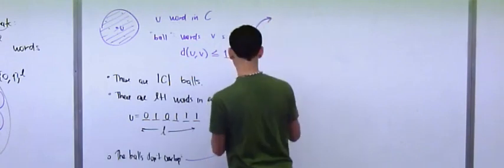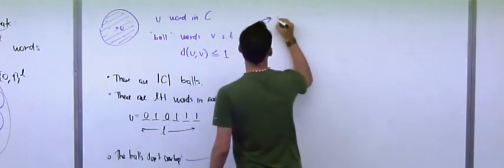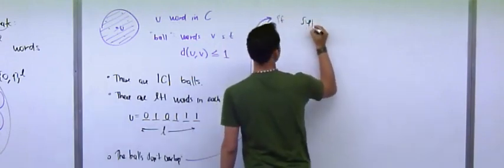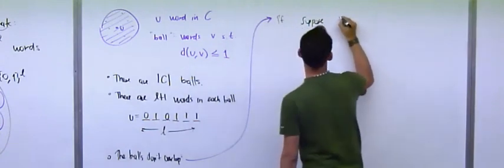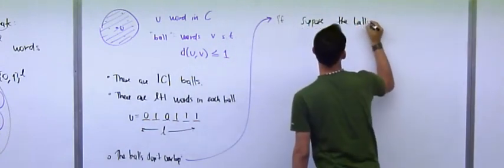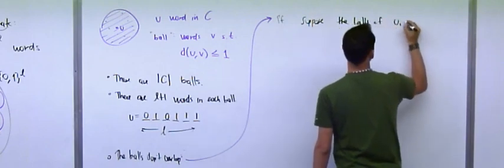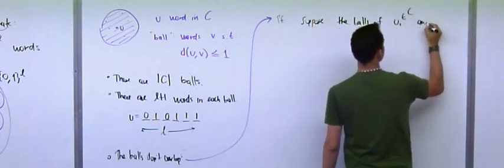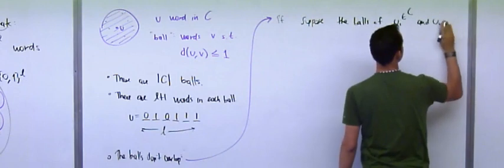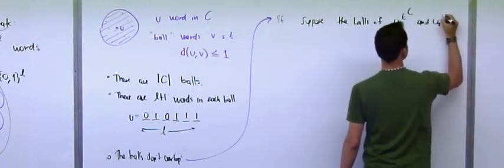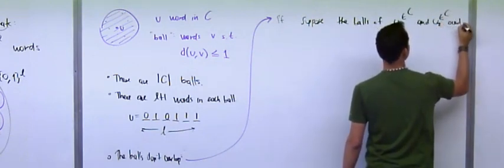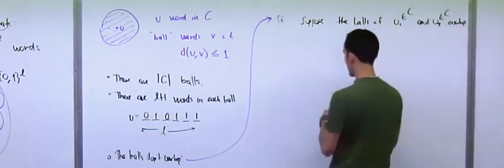Let's prove it. Proof: suppose two of them do. Suppose the balls of U1 in C and U2 in C overlap.